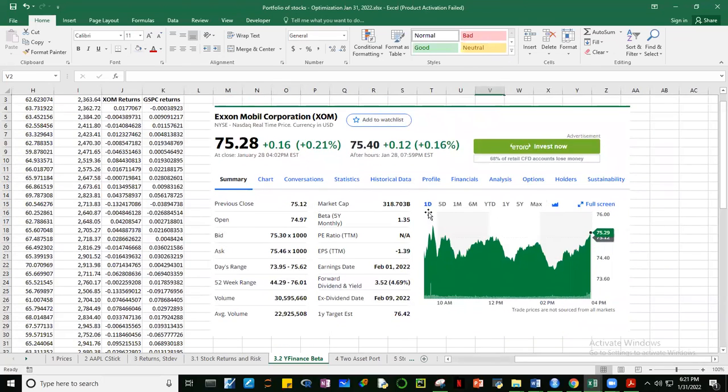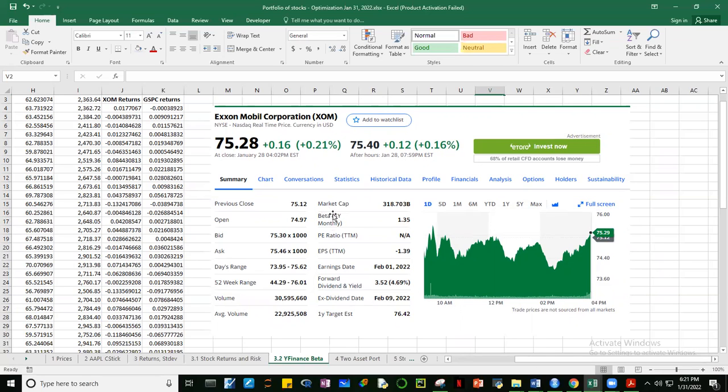Okay, sa Exxon, ang sabi niya, ang beta niya is 1.35. So this means that for every 1% increase in your market, there's a 1.35% increase in your Exxon. So it's more sensitive than the market by 1.35 times, kasi kaya nga yun ang measurement ng beta.